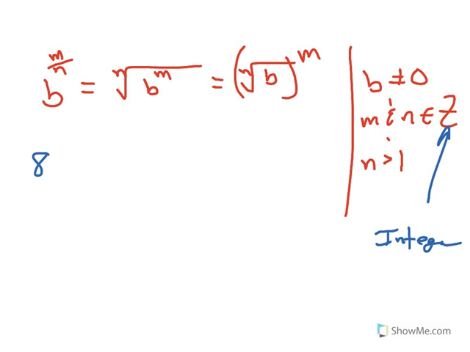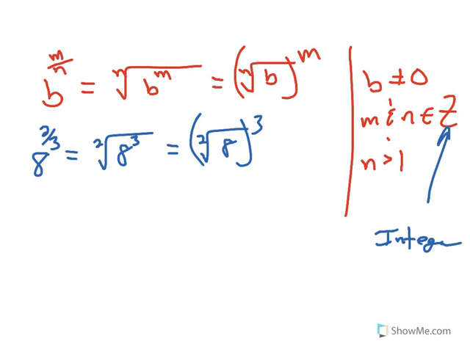Example, 8 to the 2/3 is equivalent to the square root of 8 cubed, which is equivalent to the square root of 8. I said that incorrectly. Let me restate. This one here is saying cube 8 when you're done, square root it. This one here is saying take the square root of 8 when you're done, cube it. And I wrote those backwards.